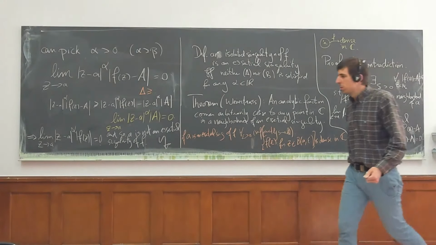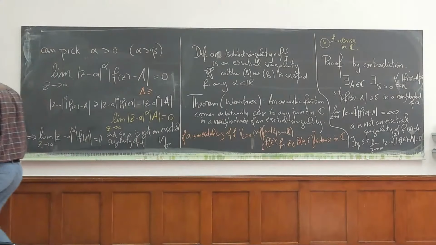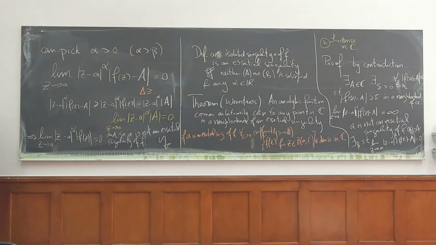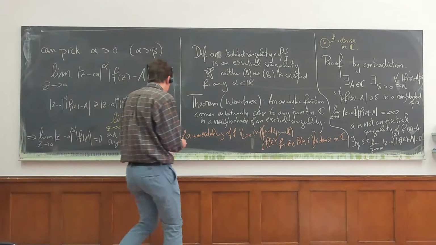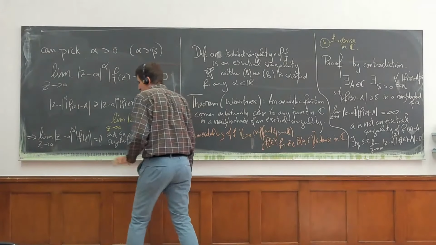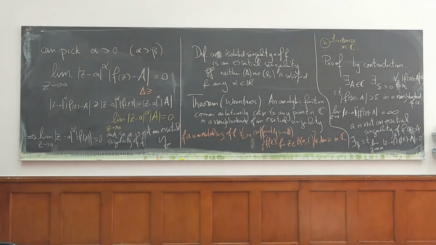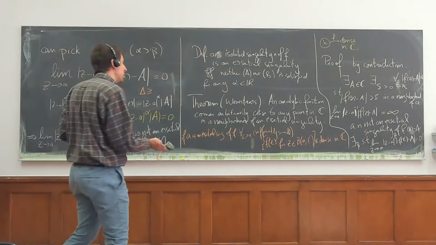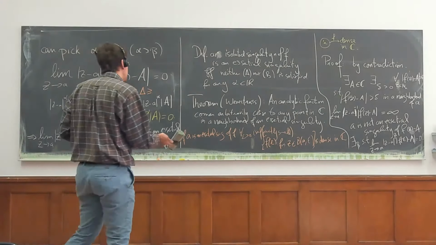Okay, so now that we have an understanding of the classification of the different isolated singularities, let's go into something a little bit different. So let me erase it. Of course, you could have functions that have singularities that are not isolated, and then there's a whole other thing.